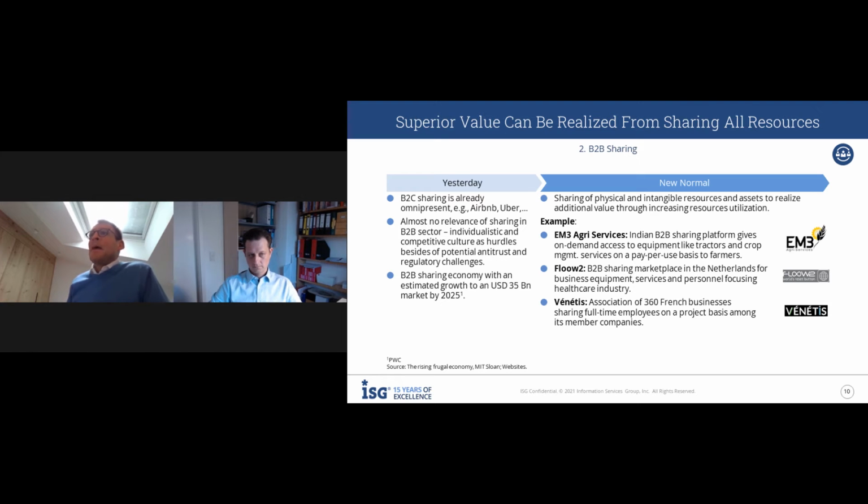B2B sharing. You all know we have seen sharing for quite some time, especially in the B2C field, like Airbnb and Uber. These are the familiar cases. But we thought it's interesting to see that this is also taking place increasingly in the B2B field.